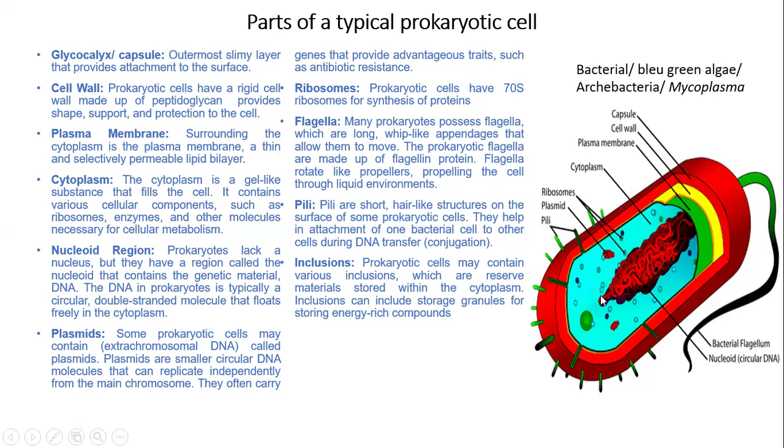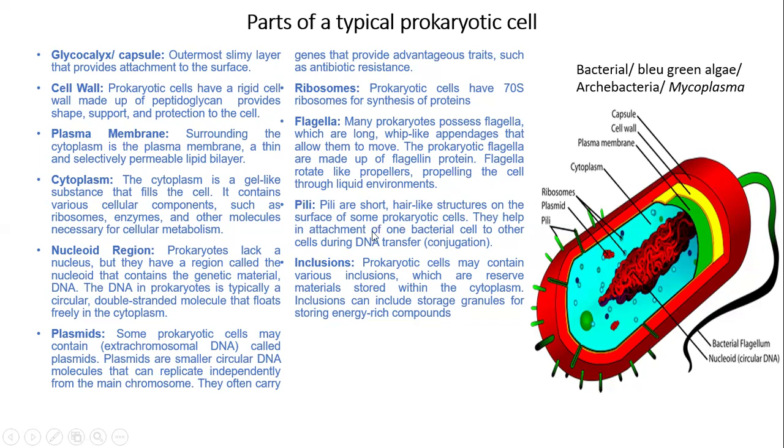Ribosomes, the protein factory which synthesizes protein, are present in the bacterial cell, but they are of a different kind than in the eukaryotic cell. Ribosomes are of 70S type, and in eukaryotic cells the ribosomes are of 80S. The flagella is the organ for locomotion. Pili are hair-like structures.